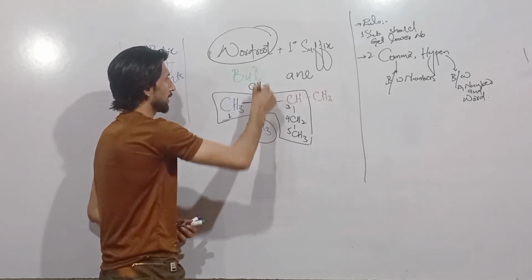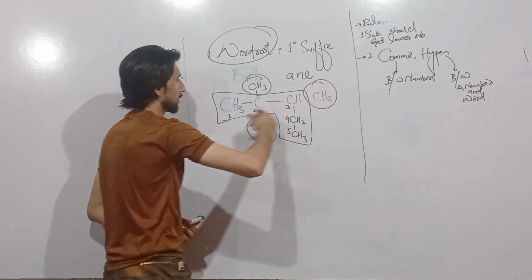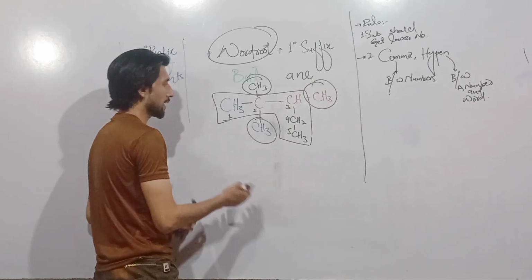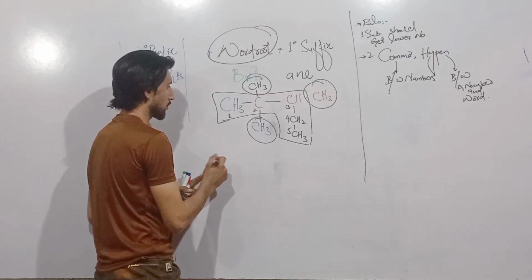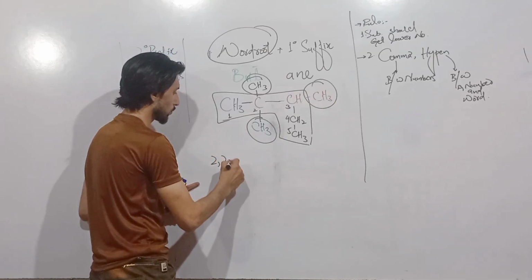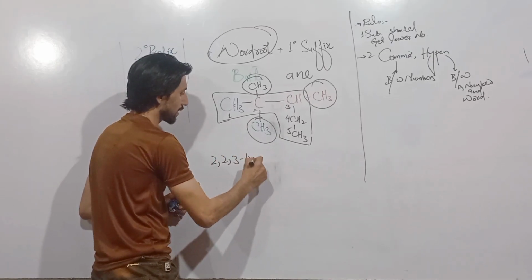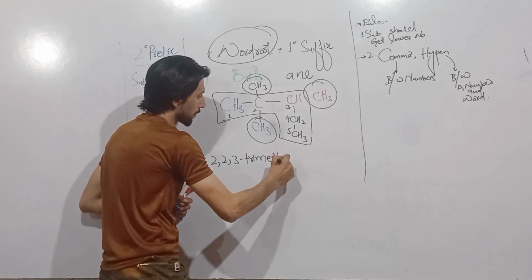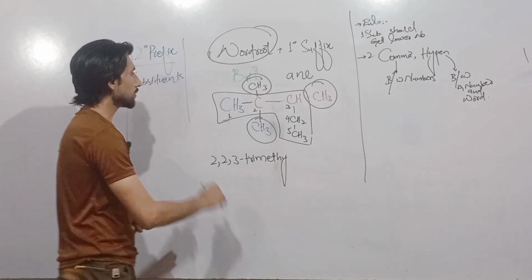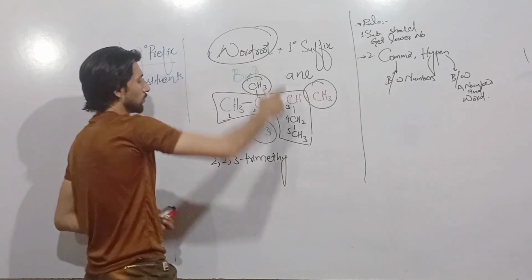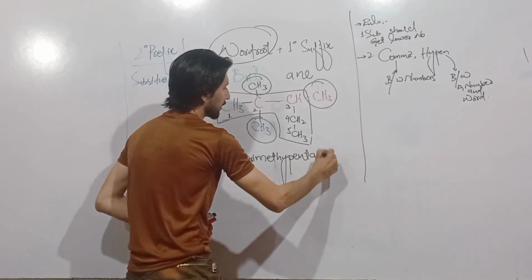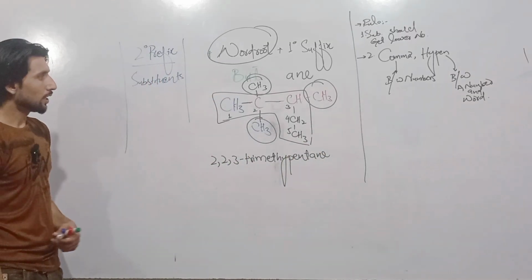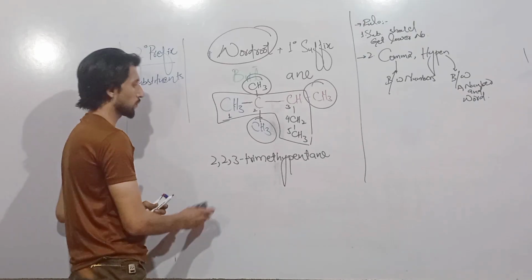All of them are methyl, so we should mention their numbers before their names. It is twice on 2 and 1 time on 3. So I am getting 2, 2, 3 trimethyl, and now the word root is pent in this case, and A and E for the ending. Okay, now we are done with it.